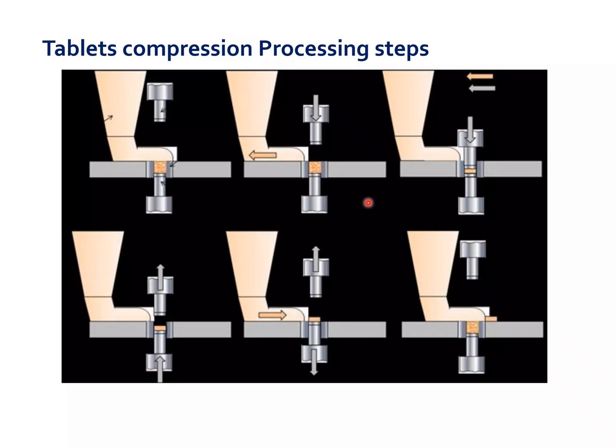During these first three steps, we can see the lower punch was static. Just the upper punch was coming down, and finally we can see the lower punch after the compression is going upwards. So the upper punch has come to its original location, and the lower punch goes upward and finally ejects the tablet. So these are the overall steps of tablet compression. We can finally get the tablet.